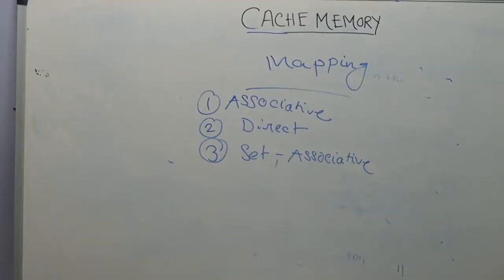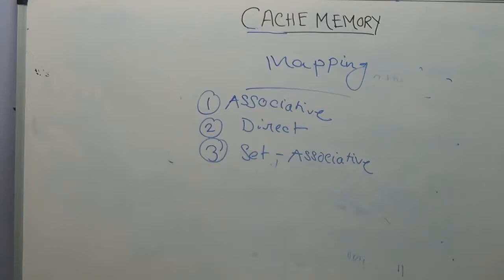What is associative memory? CPU first sends a 16-bit address for a desired word in the cache memory. If the desired word is found, then the data is read and sent to the CPU. If data is not found, then main memory is searched for the address of that word.